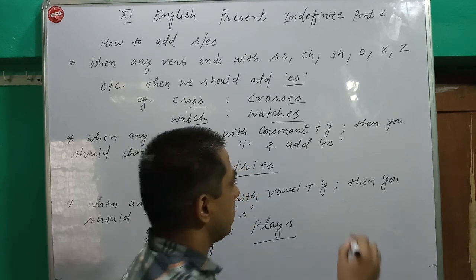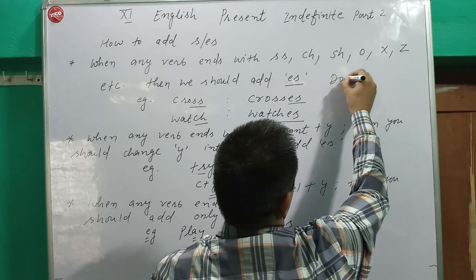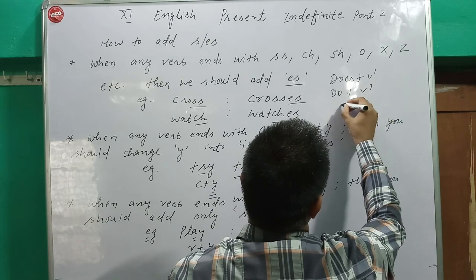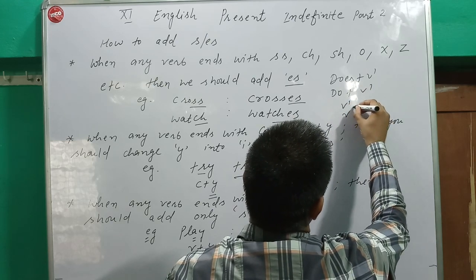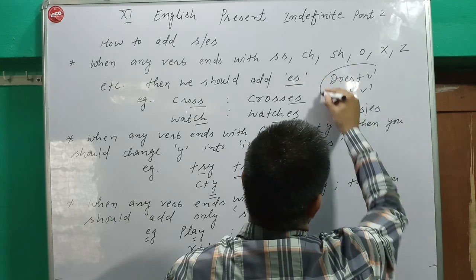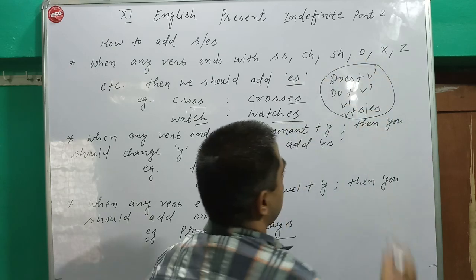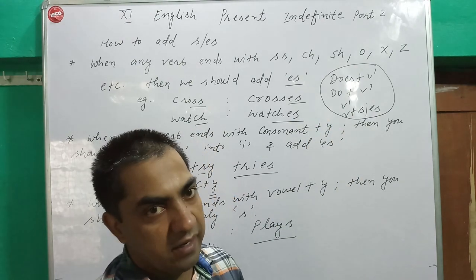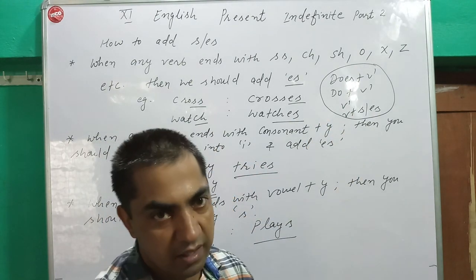If you find does plus first form, do plus first form, or only first form plus s or es, then you can easily say that present indefinite tense is used in the sentence.